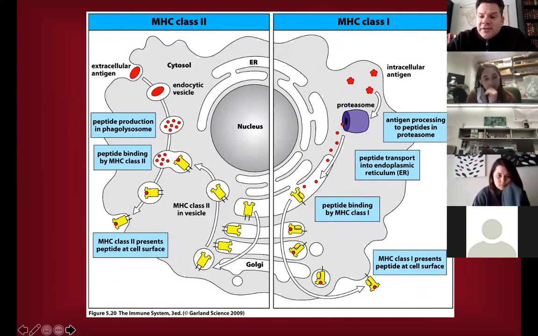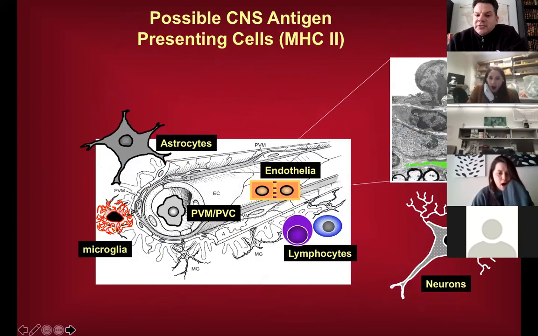For MHC2, the big difference is that you're taking things up in a phagolysosome, and then the vesicles are merging. You're getting that stabilized and put on the surface. So this is why the peptides are different: they're processed differently. If it's processed by the proteasome, it's put on MHC1. If it's processed by the phagolysosome, it goes on MHC2.